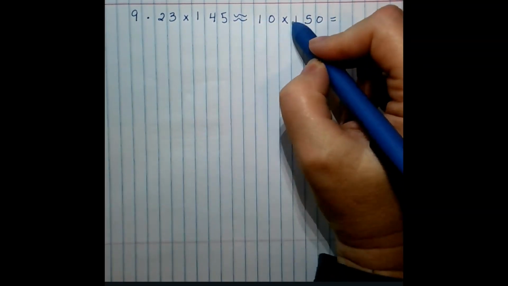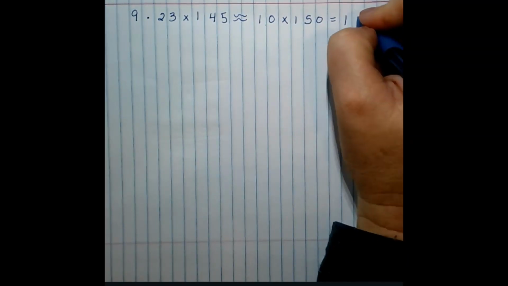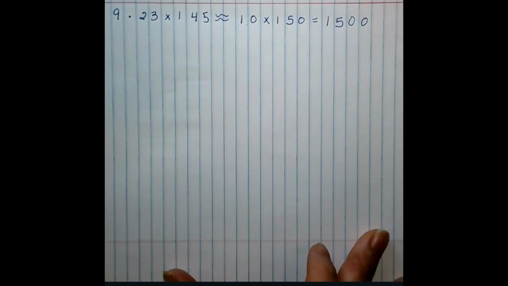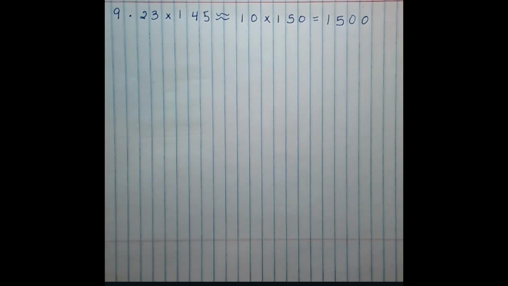If I multiply these together, 1 times 1 is 1, 1 times 5 is 5, and there are 2 zeros in my problem, so I'm putting those 2 zeros at the end to hold places. We also learned that if we're able to decide if we rounded up or down for both of those and they match, we would be able to determine if our answer should be less than or greater than our estimate.